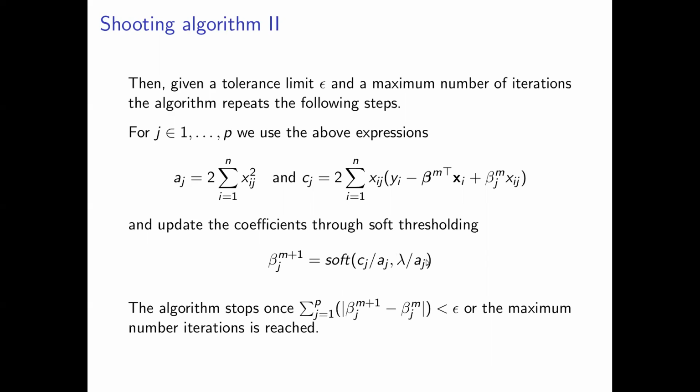And using this soft thresholding, we update this beta_jm value up here in the algorithm, and we will stop once beta_{jm+1} minus beta_jm, the increase or divergence of the beta values, is smaller than some epsilon threshold, or if we reach a maximum number of predefined iterations.